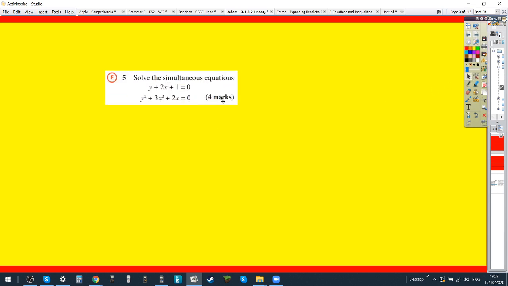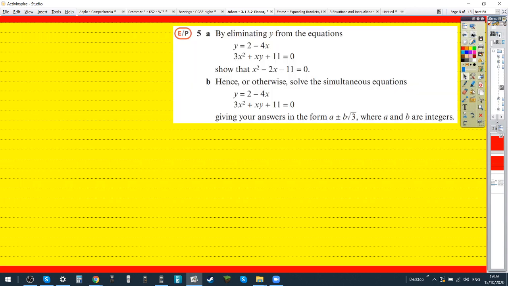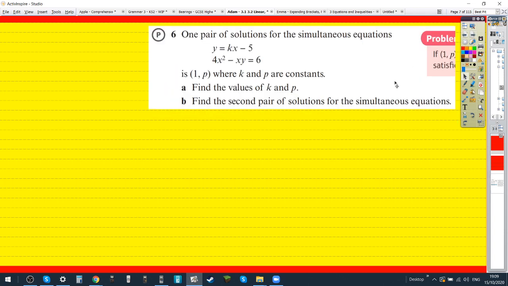This one is the same. So this one strikes me as a bit different.